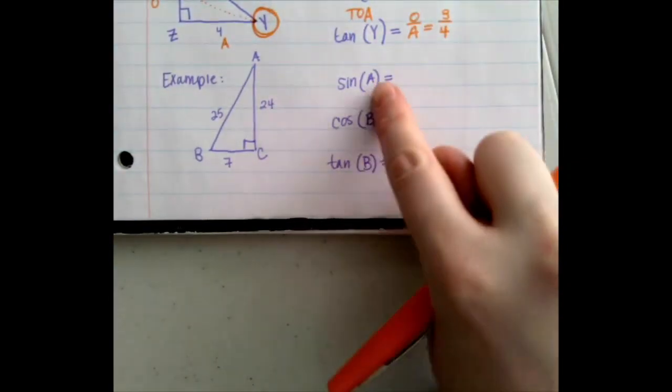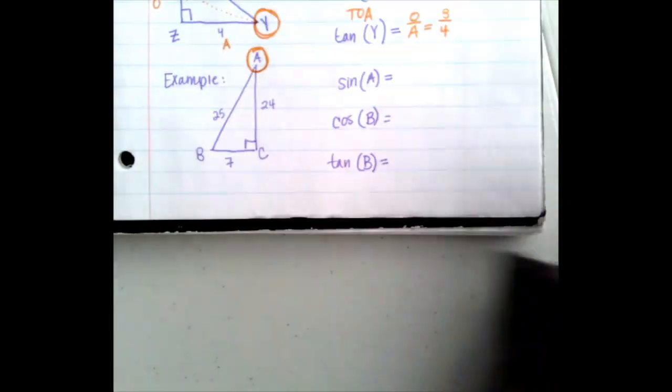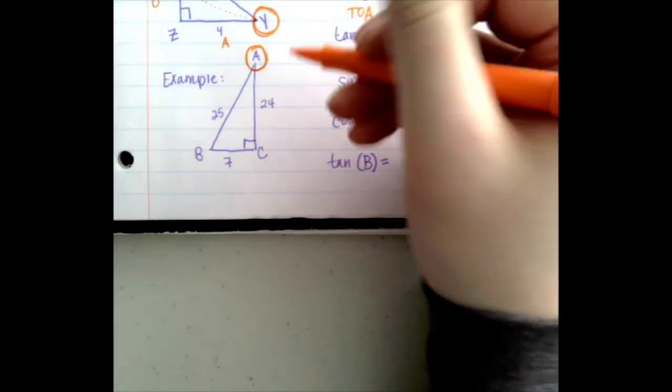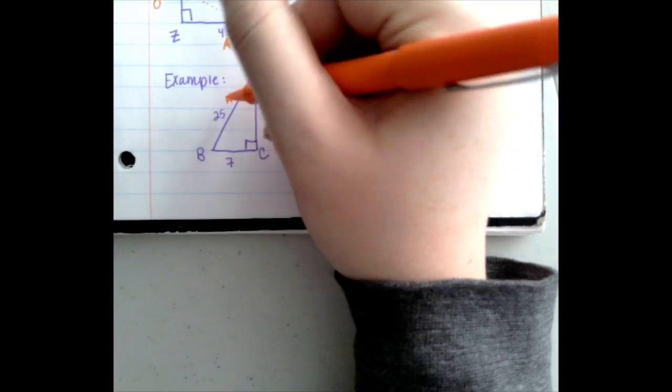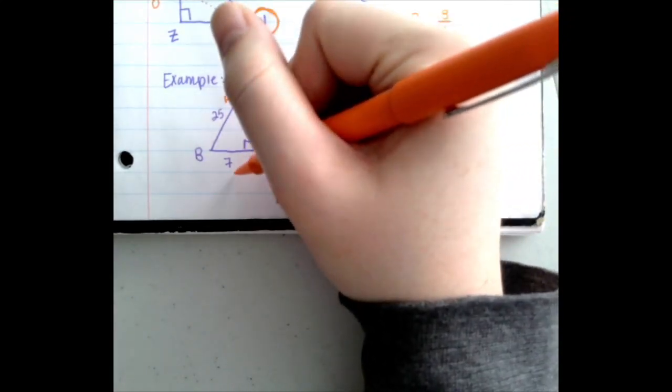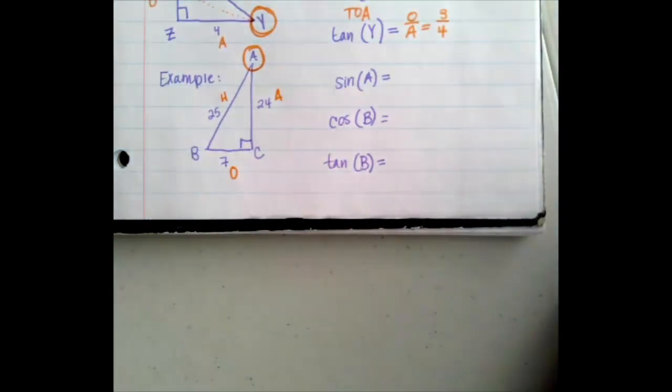If I want to start with this first one, I'm going to circle A and label for A. So this is the hypotenuse, all the way across is my opposite, and right next to it is my adjacent.